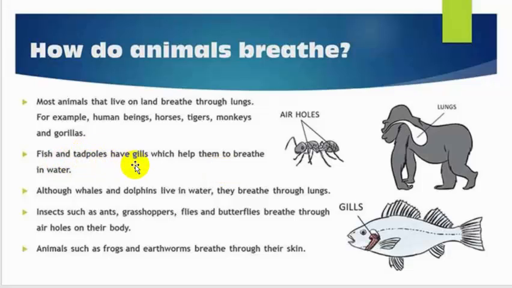Fish and tadpoles have gills which help them to breathe in water. Although whales and dolphins live in water, they breathe through lungs. Insects such as ants, grasshoppers, flies and butterflies breathe through air holes on their body. Animals such as frogs and earthworms breathe through their skin.